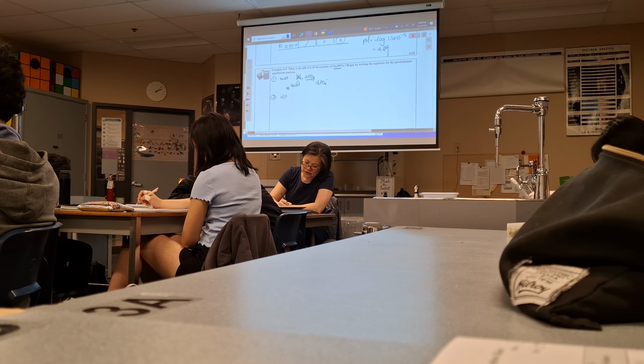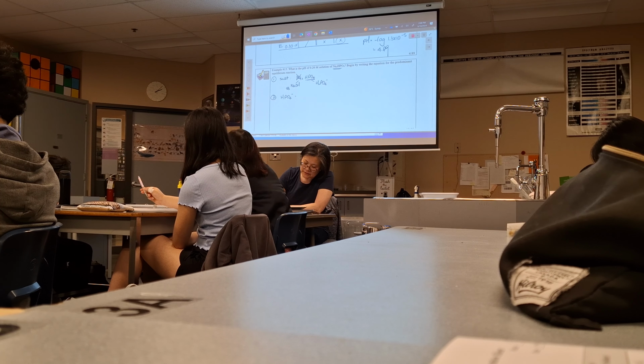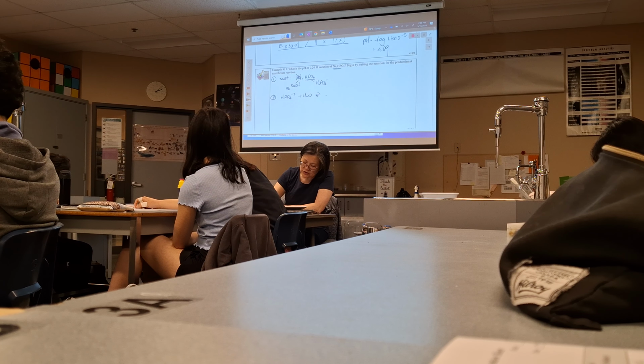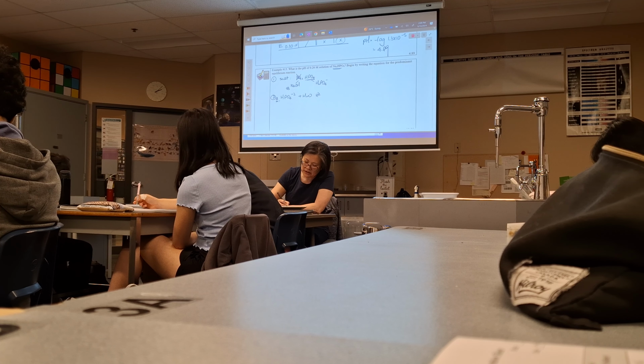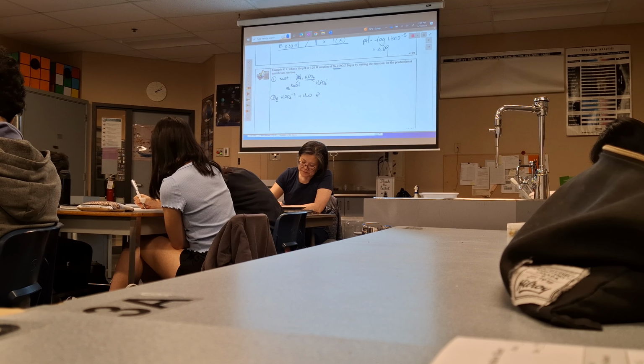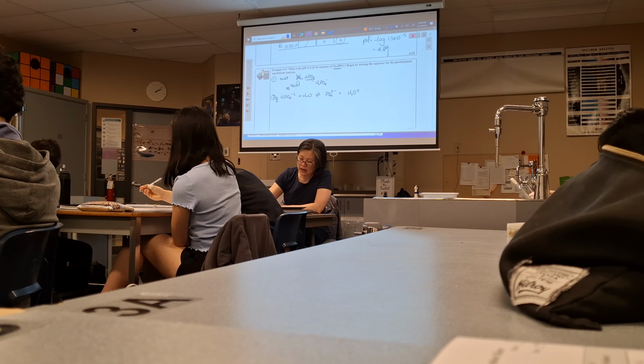The first reaction would be that HPO4 2 minus is going to react and potentially function as an acid. So A over here is for acid, so it's going to be PO4 3 minus plus H3O plus.